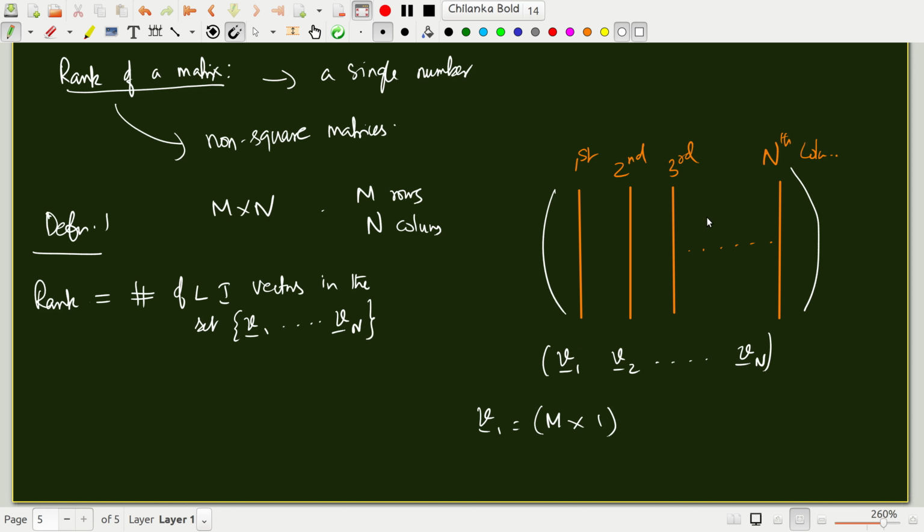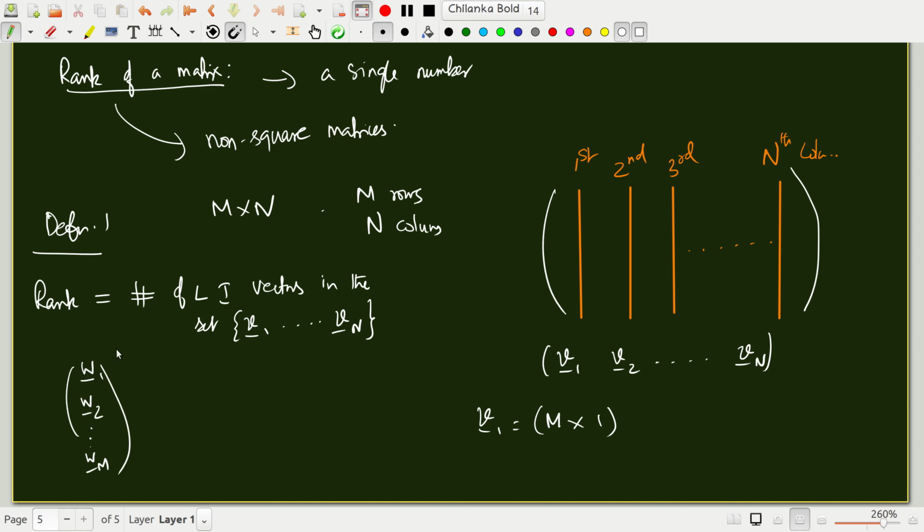Okay, so in some sense the rank of a matrix equals the dimension of the vector space spanned by the column vectors. Instead of thinking of this matrix as a collection of n columns, you can think of it as a collection of m rows, right?